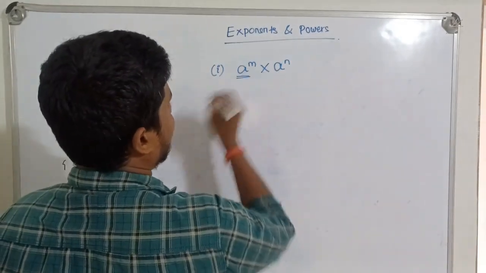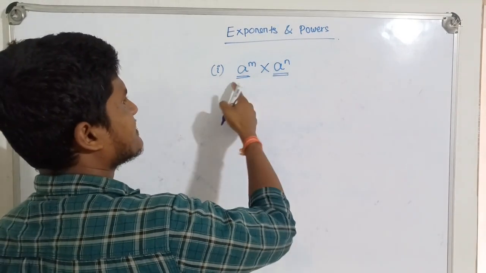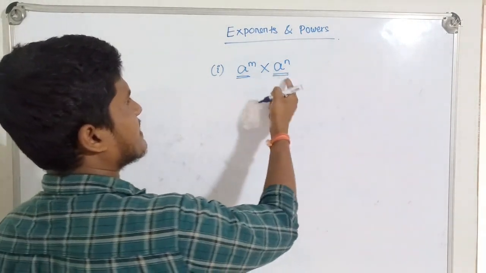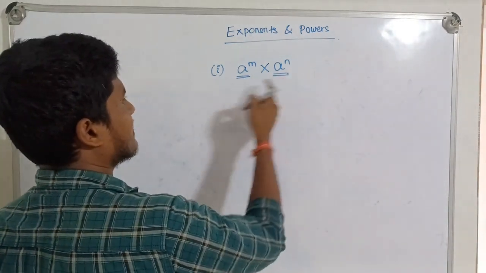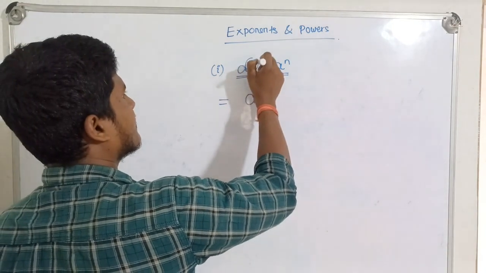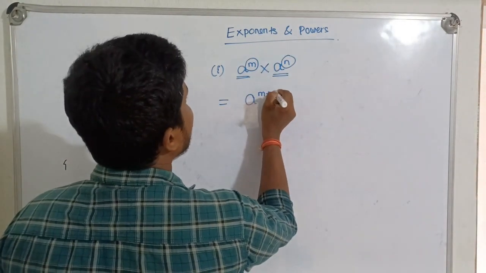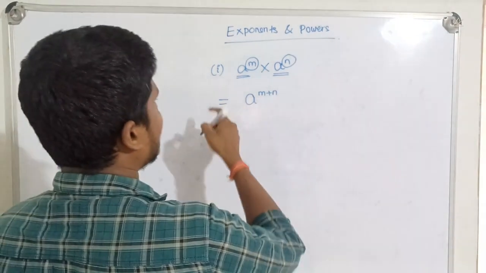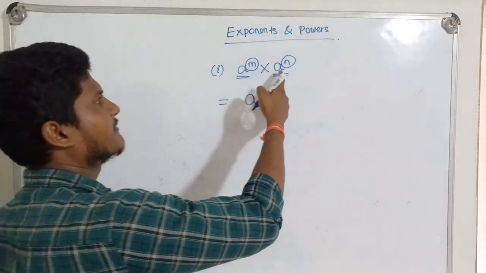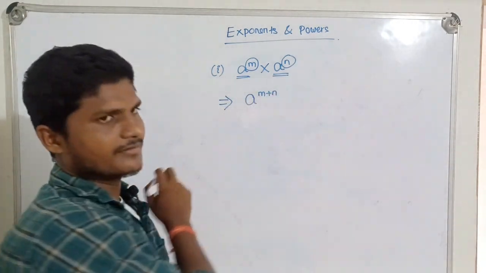Here the bases are the same, the base is a, but the powers are different: here the power is m and here the power is n. So what is the formula for a to the power m multiplied with a to the power n? That is a to the power m plus n.